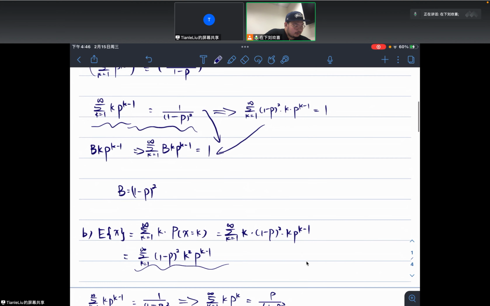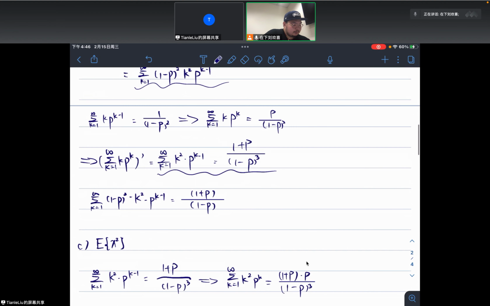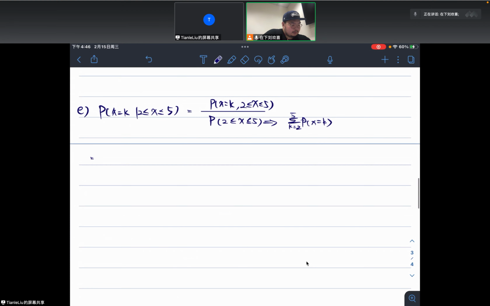I think it equals the sum from k equals 2 to 5 of (1 minus p squared) times p to the power of k minus 1, which is (2 over 3) squared multiplied by k times (1 over 3) to the power of k minus 1.